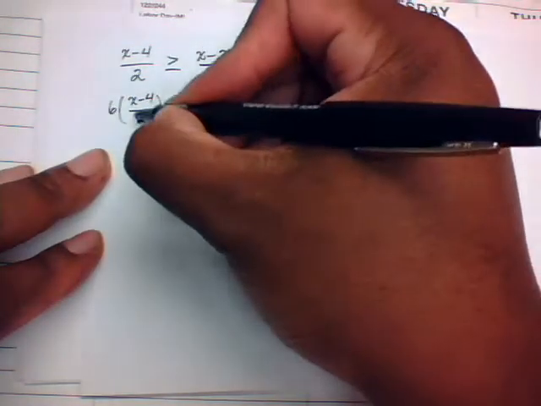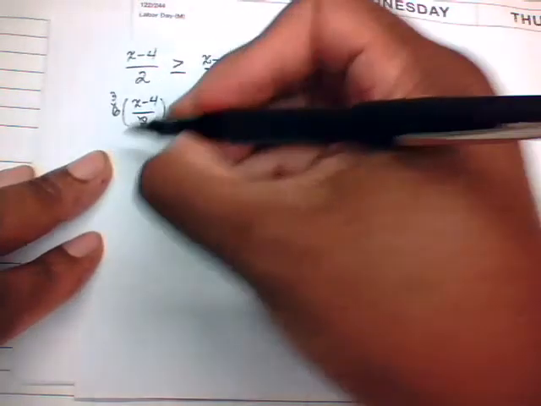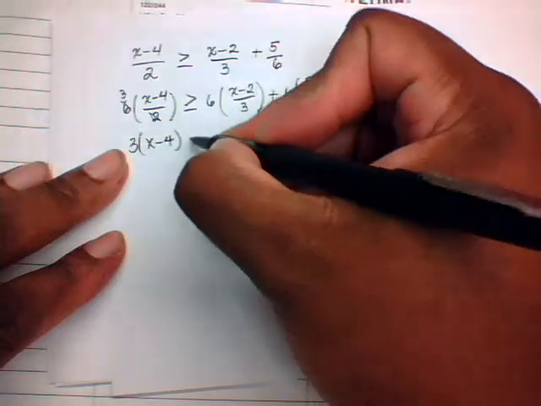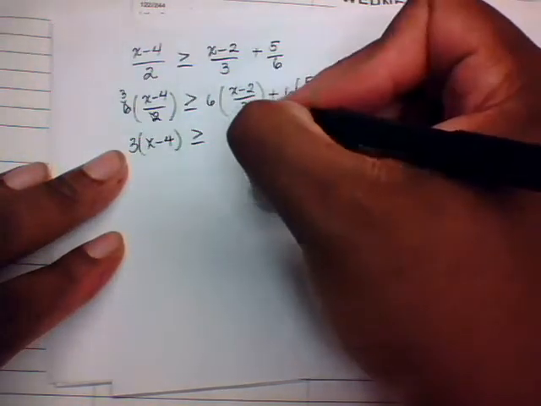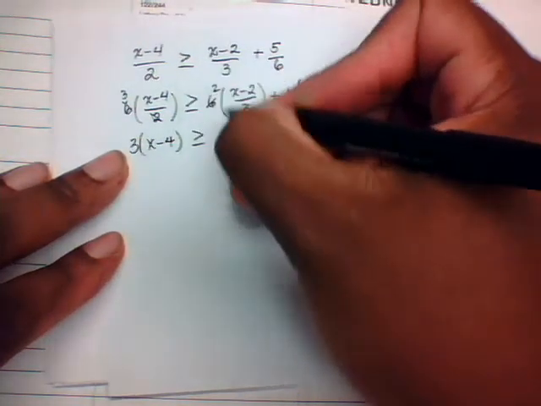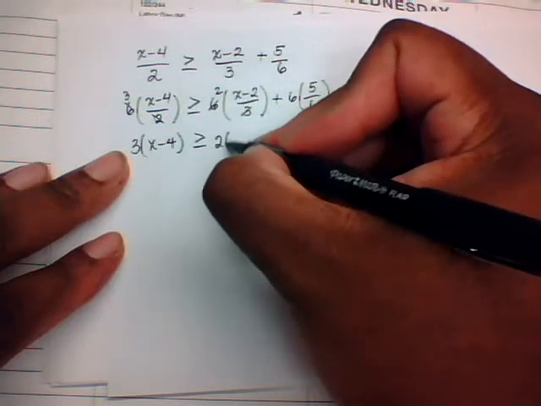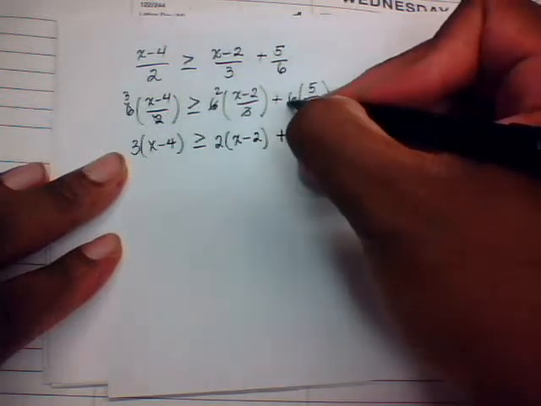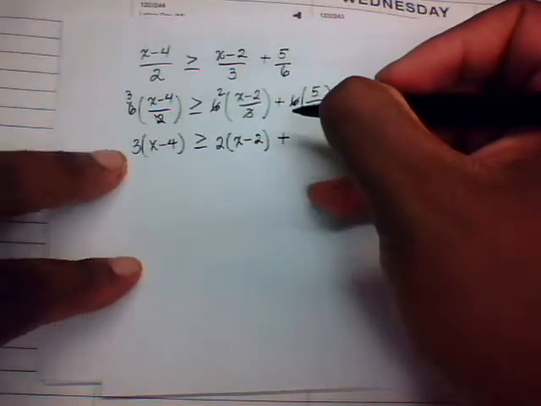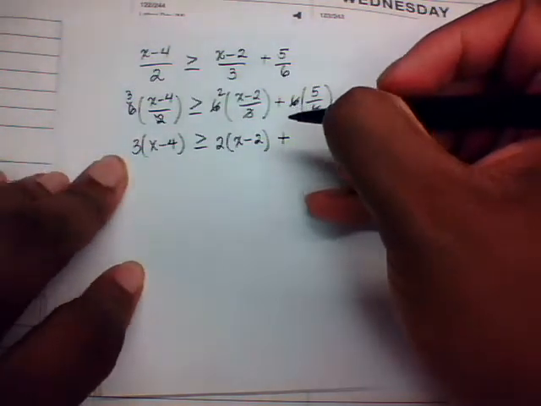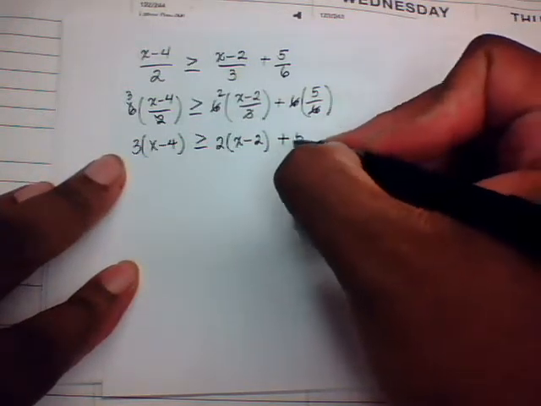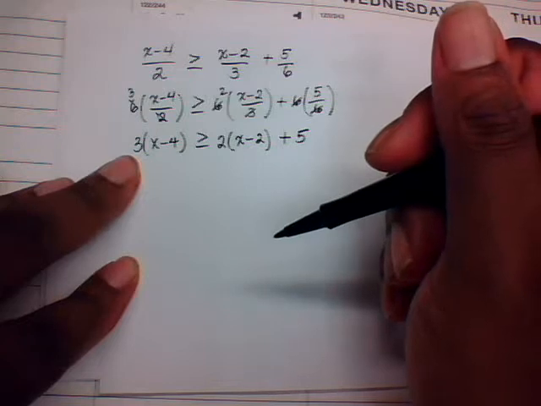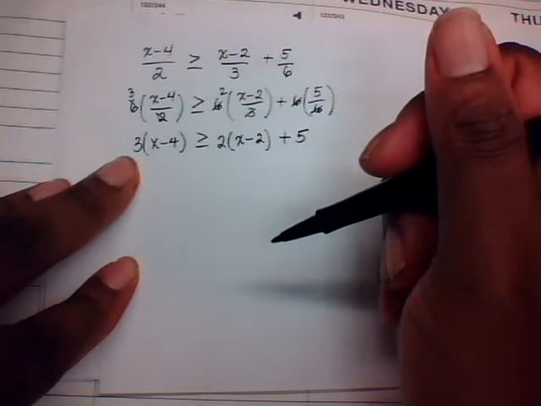Now, this first term, if I divide 2 into 6, it's going to go 3 times. So I'm going to have 3 parentheses, x minus 4 is greater than or equal to, divide 3 into 6, that'll go 2 times. So it'll be 2 parentheses, x minus 2. And then plus these 6's divide out, you're going to be left with 5. So we have 3 parentheses, x minus 4 is greater than or equal to 2 parentheses, x minus 2 plus 5.